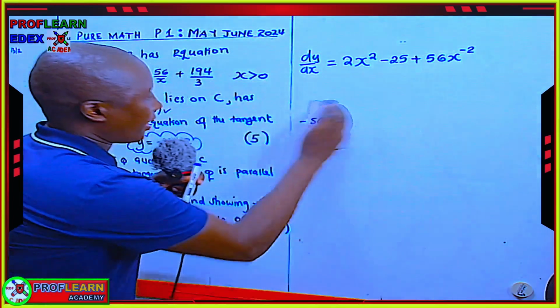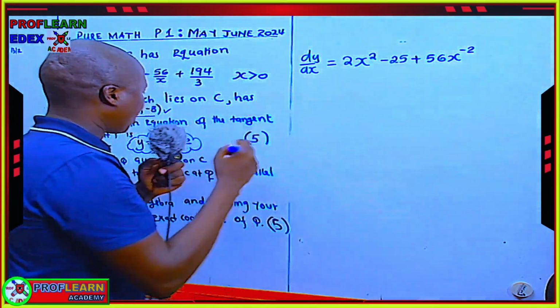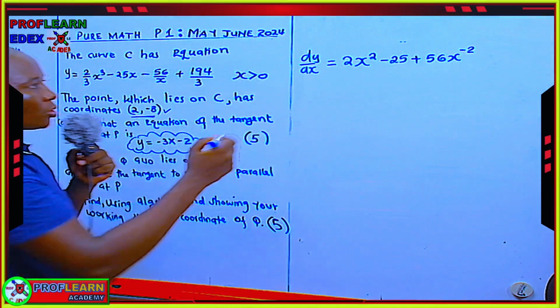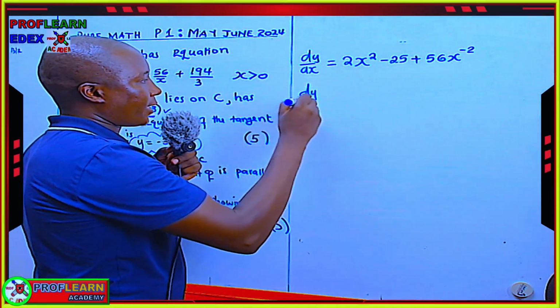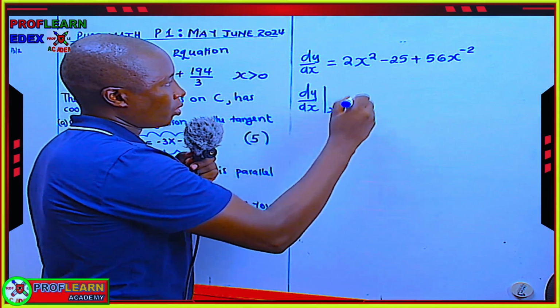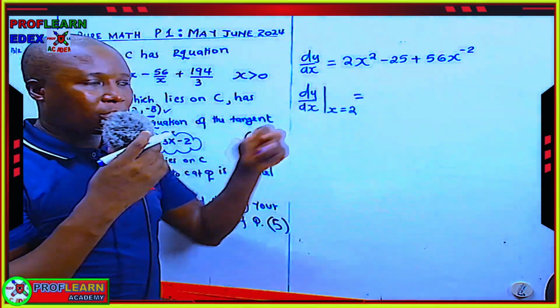Once we have this, because we want to find the gradient at point P, we're going to evaluate dy/dx at the point x equals 2. So we substitute anywhere we have x at this given point.